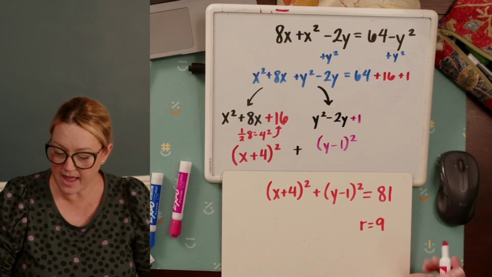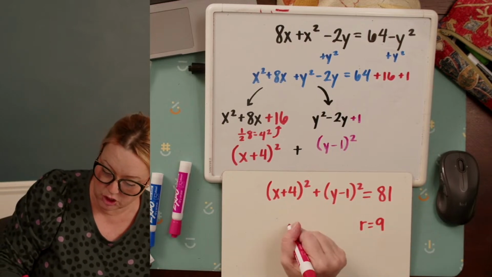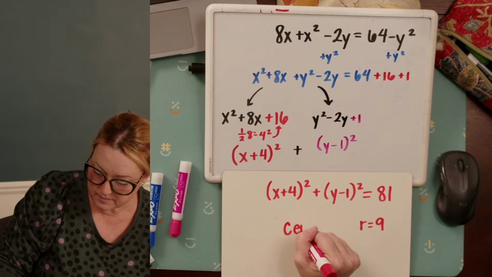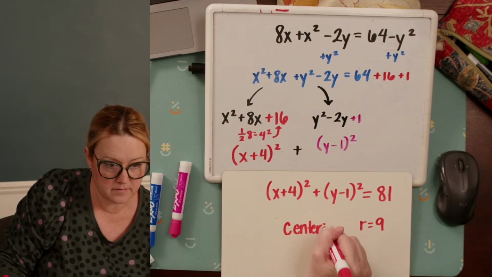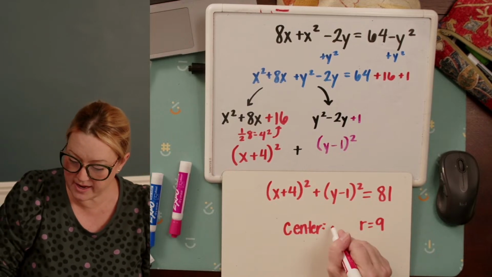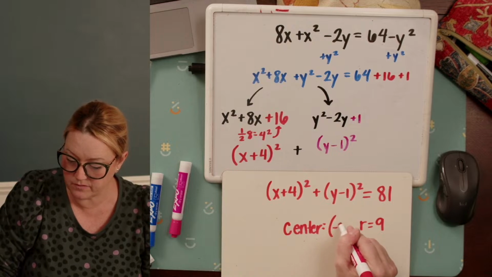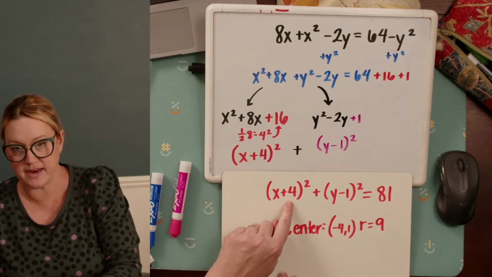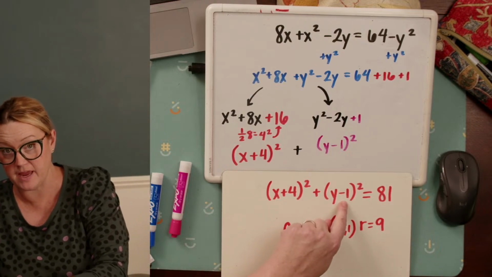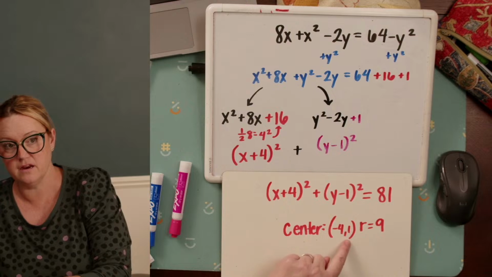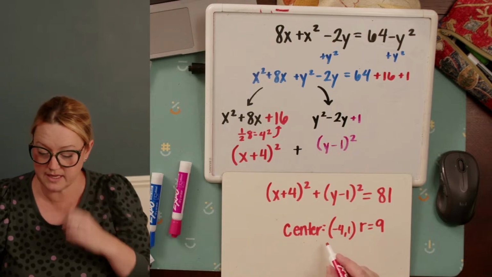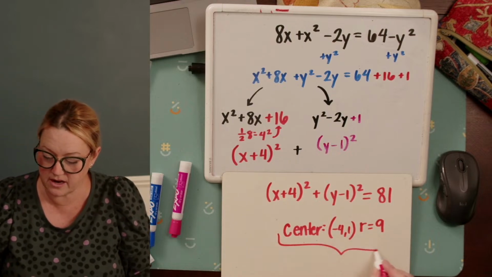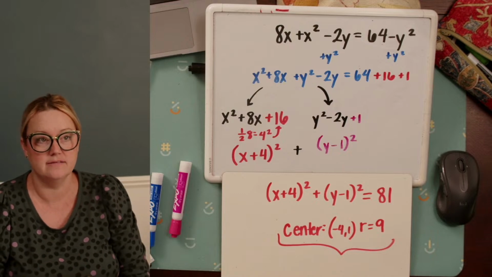And then my center is negative 4, positive 1. Because remember, it's the x minus a, y minus b. All right, so negative 4 and 1. So we've got our center here, and we've got our radius there.